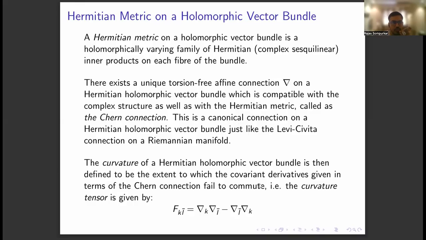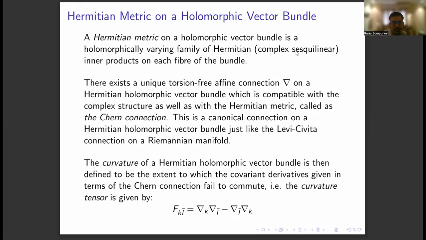Okay, so what does this Hermitian metric mean? On the holomorphic vector bundle, we know that every fiber is going to be a complex vector space of dimension r, where r is the rank of the bundle. So on every fiber, we should have a Hermitian inner product.